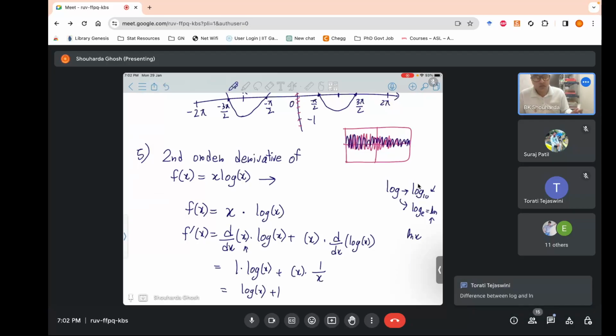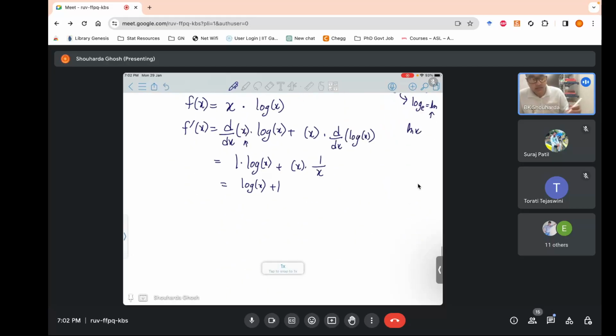So the difference between log and ln is nothing, it's just a scaling factor. Log is a general term for the logarithmic function. Ln especially means log when your base is e. So how will the graph of ln of x versus x look?